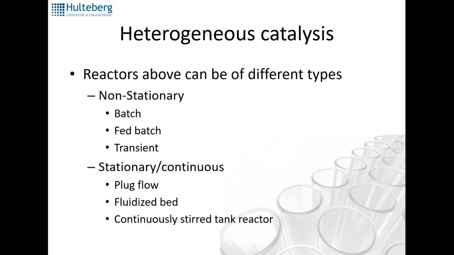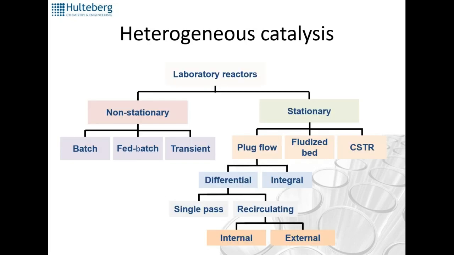Test reactors can be of different types. They can be non-stationary, like batch or fed batch, transient reactors, semi-batch reactors. They can also be stationary, like continuous reactors, like plug flow, fluidized bed, or CSTR reactors. And you can break it down like this: you have your laboratory reactors, you have your non-stationary reactors, where you have batch, semi-batch, or fed batch, transient reactors.